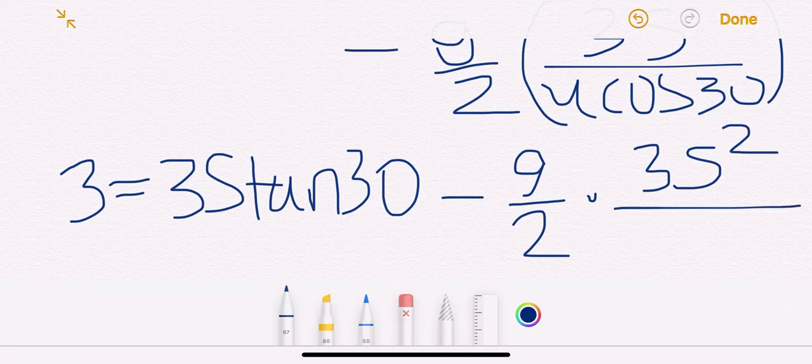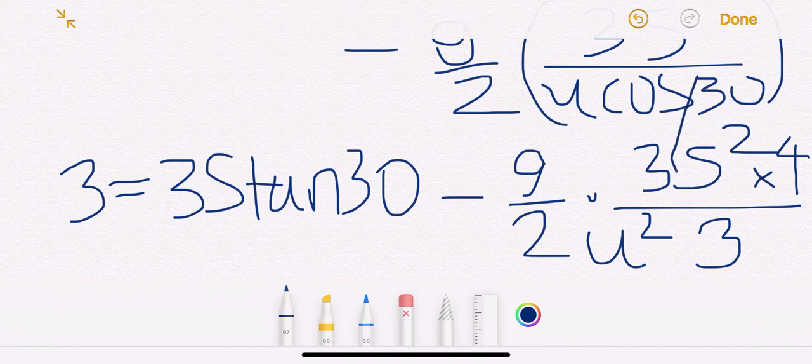over u squared cos 30 squared. But cos 30 squared is 3/4, because cos 30 is root 3 over 2, so we're dividing by 3 over 4, and actually we can have a times by 4 on our numerator. Simplifying that a bit further, the 4 divided by 2 cancels. 35 has factors of 5 and 7, so that doesn't simplify anymore.